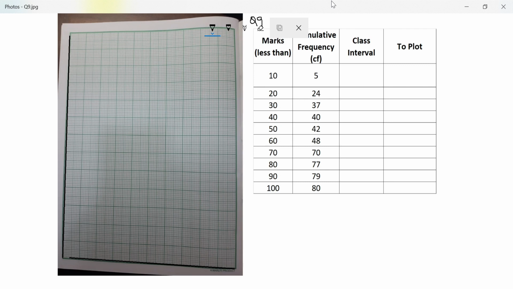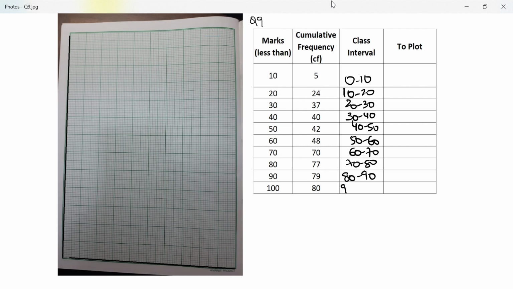Since we're looking at gaps of 10, I will have 0 to 10, 10 to 20, 20 to 30, 30 to 40, 40 to 50, 50 to 60, 60 to 70, 70 to 80, 80 to 90, and 90 to 100. So what do I plot?